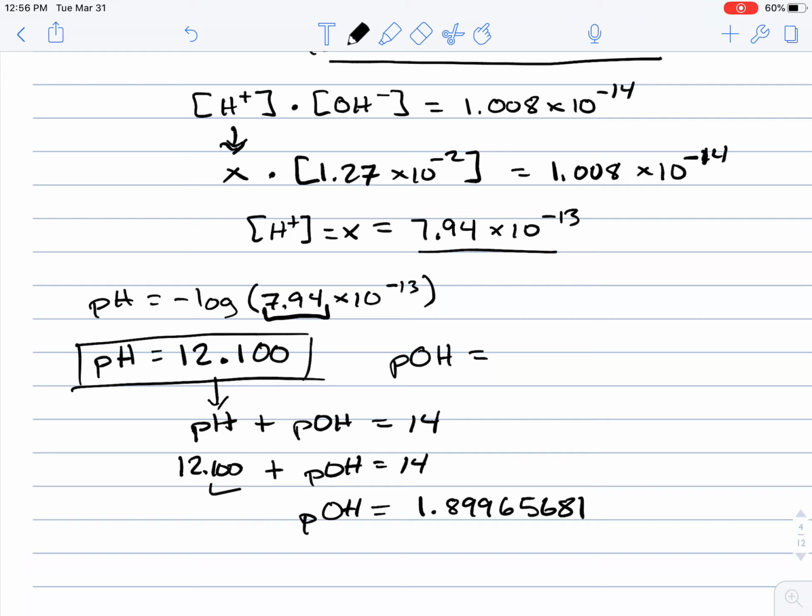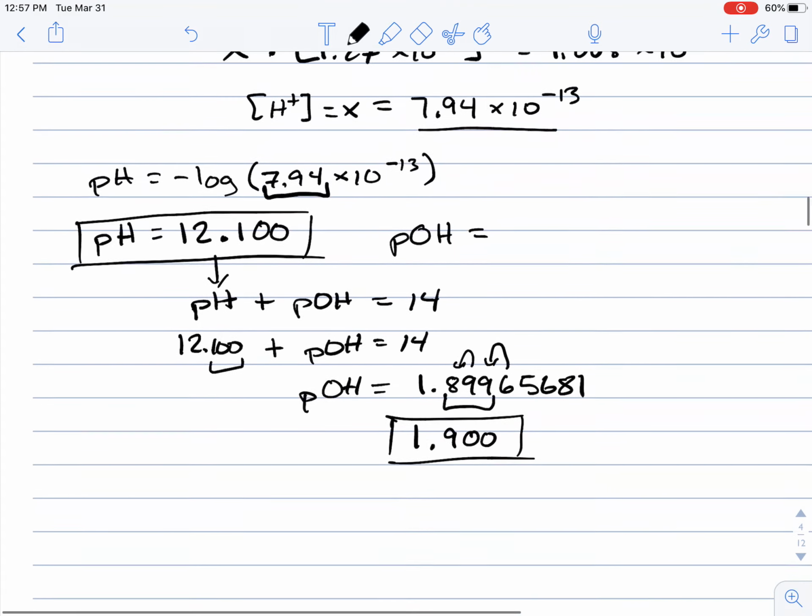Since I have 3 places after the decimal, I need to report 3 places after the decimal. And so this 6 is going to round up that 9, and it's going to round up this 9 as well. So overall, we have 1.900. Okay, and that would be the pOH. Cool.